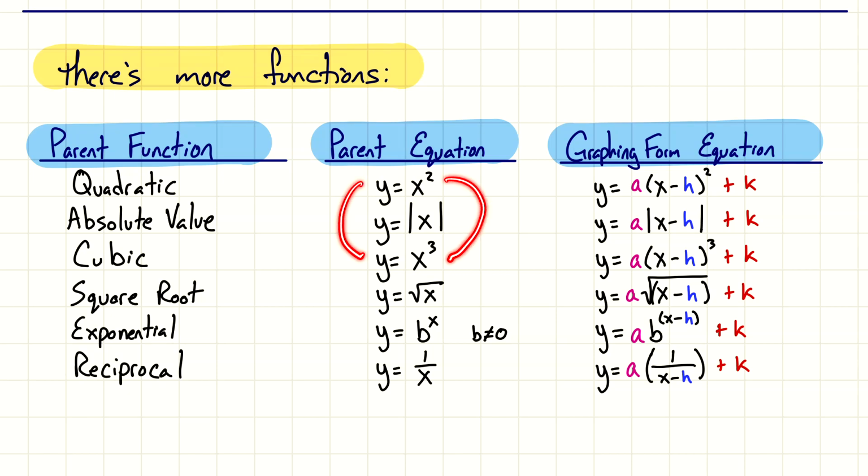You'll notice that these look almost the same, except the exponent is a 3 instead of a 2. That's really the only difference. So x squared versus x cubed. And you'll notice the same thing with the graphing form. Everything's pretty much identical except that the exponent is changing. So what we're going to look at is, how does that affect the graph?